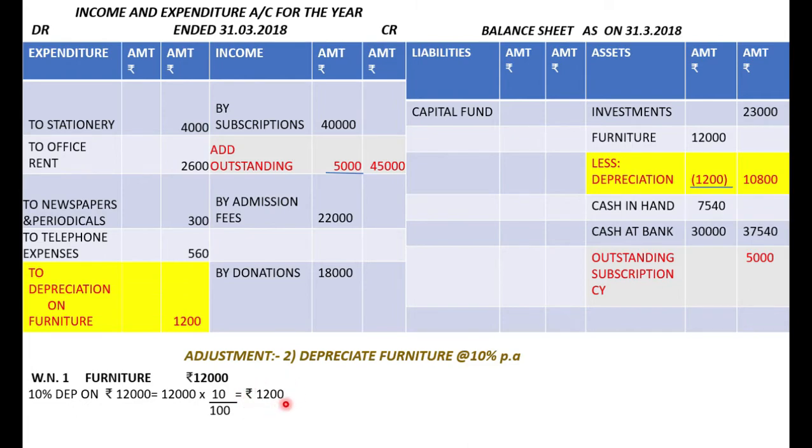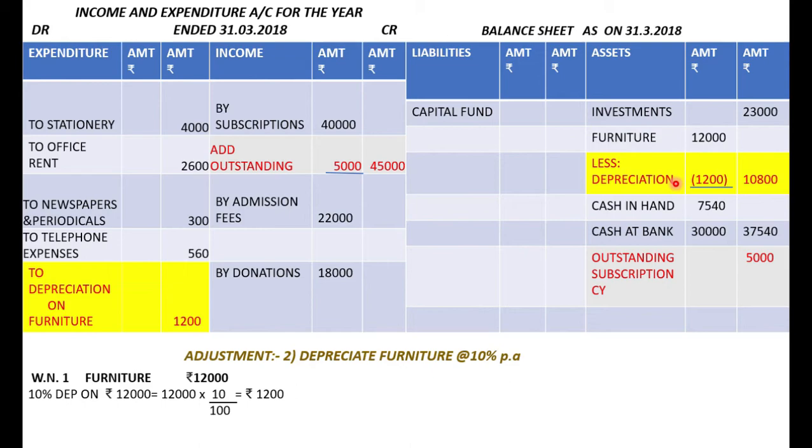With this depreciation, the amount of furniture will decrease. Therefore, we will subtract from furniture less depreciation 1,200, outer column 10,800. So this is our first effect of depreciation on furniture.